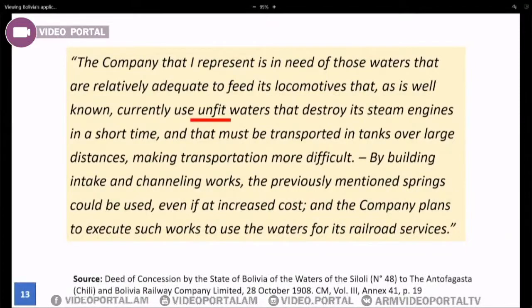Now, a few points must be highlighted from this statement of need. First, note that Mr. Calderon makes absolutely no mention of the poor water quality of the Silala. In fact, you see the exact opposite, that the FCAB believed that the Silala waters were of a far higher quality than its then current, quote, "unfit," unquote, water source.